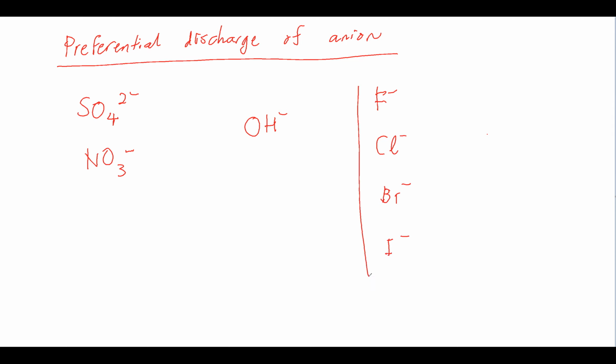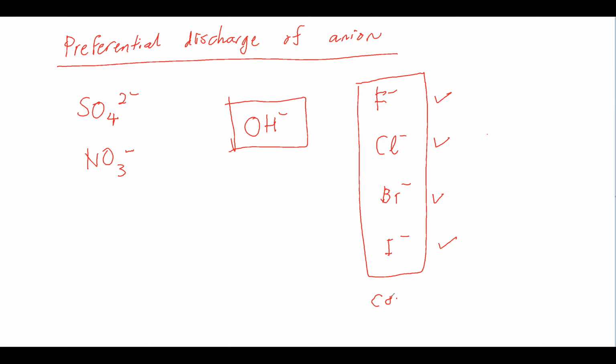Now, whether the halides are being discharged or the hydroxide ion is being discharged depends on the concentration. When the solution is highly concentrated in the halide, be it the fluoride or the chloride or the bromide or the iodide, then the halide will be discharged.